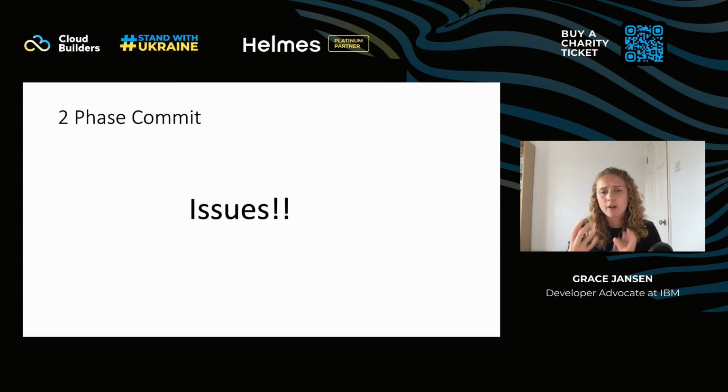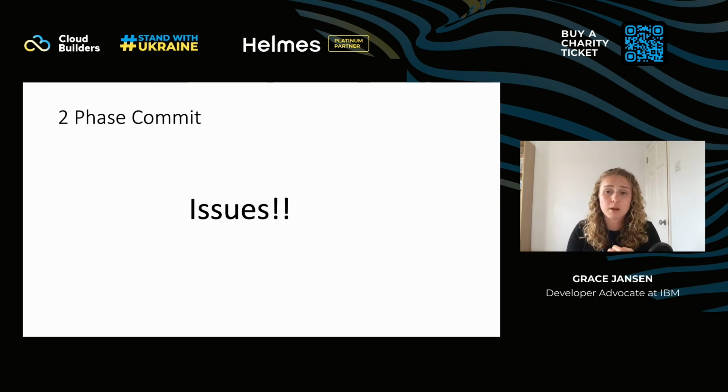Now, there are various different issues with using this kind of transaction, especially for cloud native. So the first thing is, it's pretty slow. The fact that you have to wait for all services, you have to wait until the slowest service has finished its confirmation to be able to proceed. So the overall performance of the transaction is really limited by the slowest service.